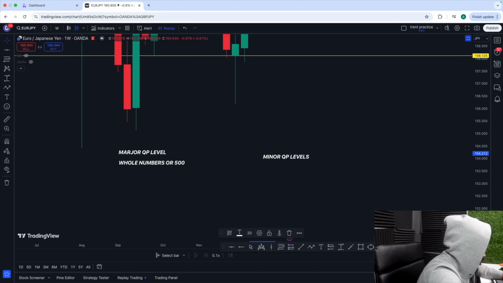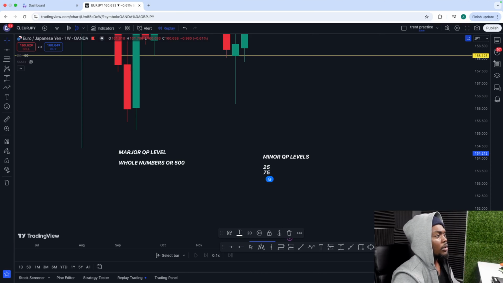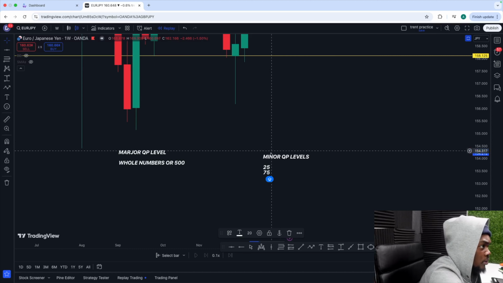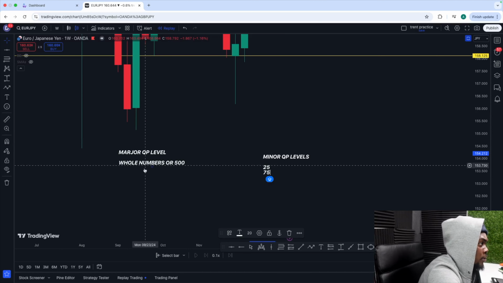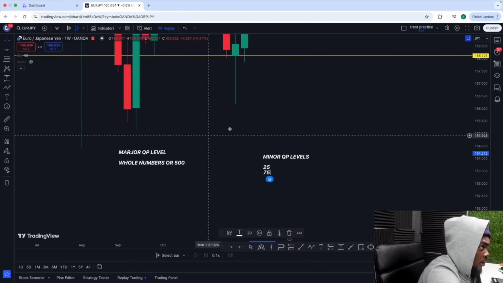Minor QP levels will be your 25 price point, 50 price point, or 500. Well, 75, because 500 or 50 would be in the major QP levels. So the minor QP levels will be 25, 75. Major QP levels will be any whole numbers or 500.